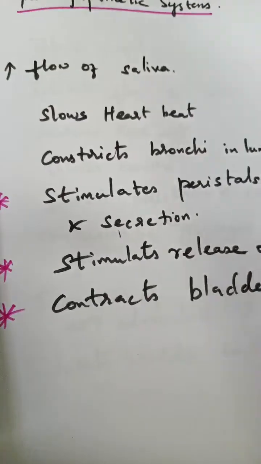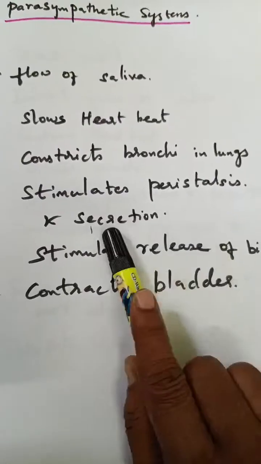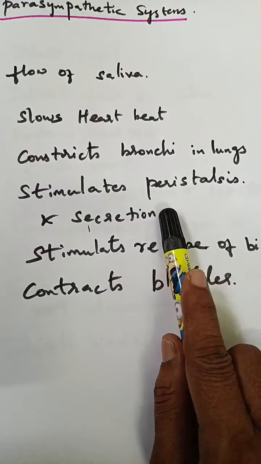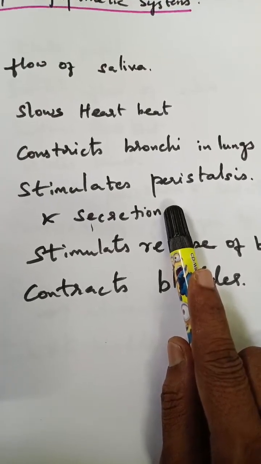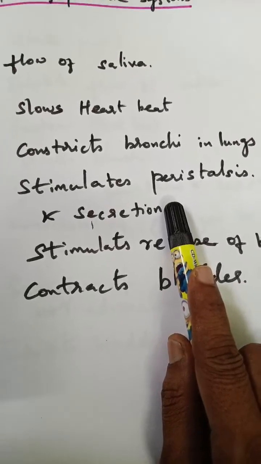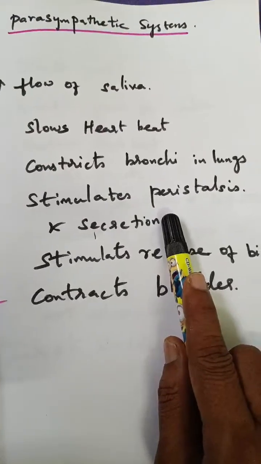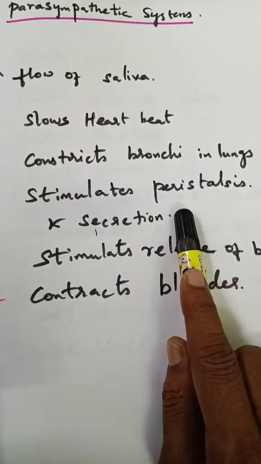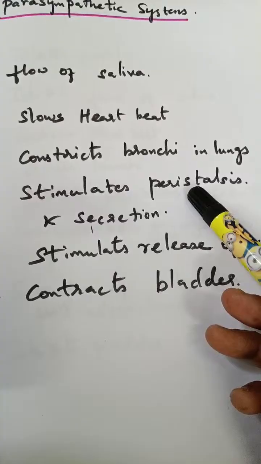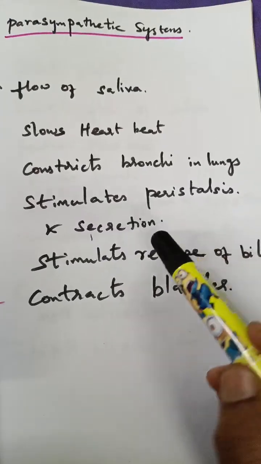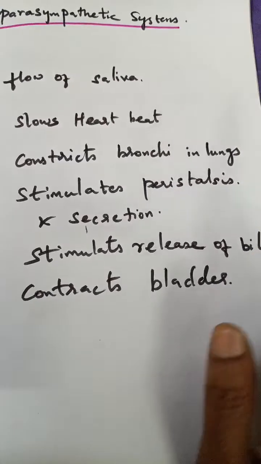And then the parasympathetic will stimulate the peristalsis and secretion in the stomach. Peristalsis is a slow rhythmic movement of the food through the esophagus. If you are thorough with the digestive system, it will be very clear what is peristalsis. So parasympathetic increases the peristalsis and secretion, whereas sympathetic decreases, the opposite.